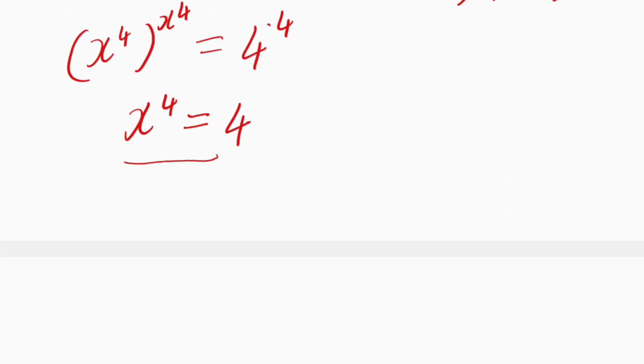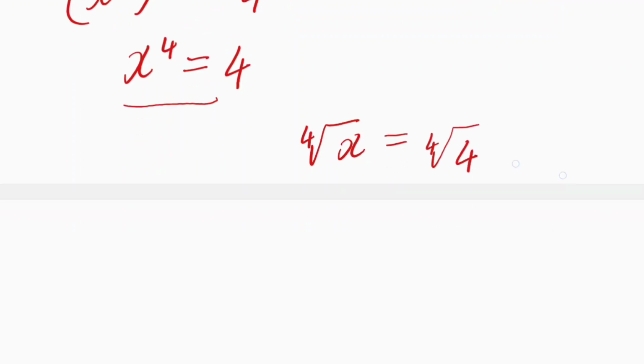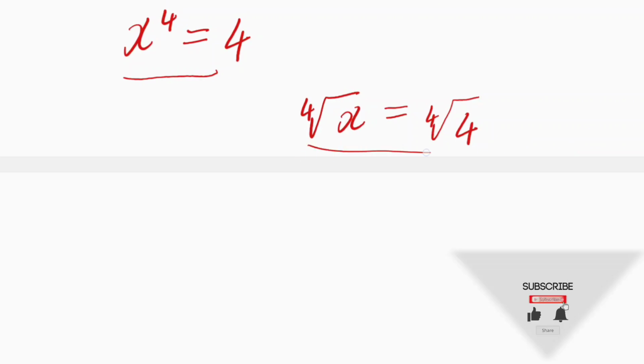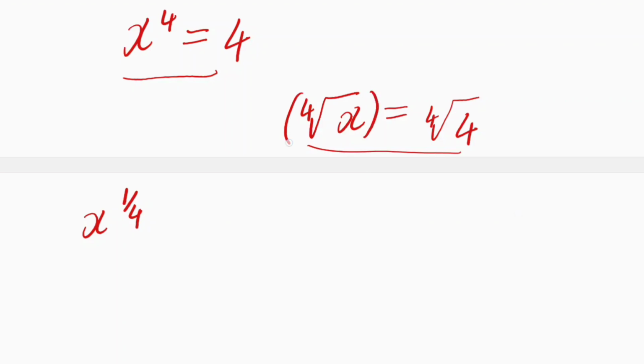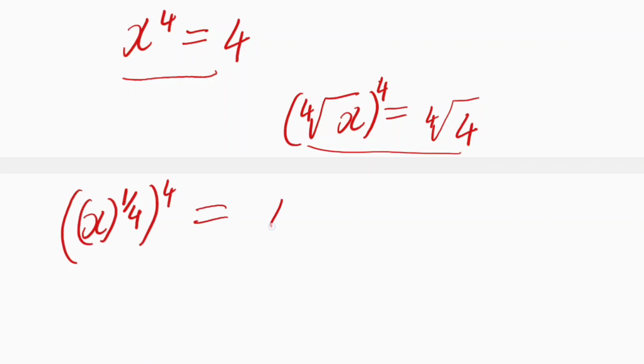So we have the fourth root of x to the power 4 is equal to the fourth root of 4, which is 4 to the power 1 on 4.